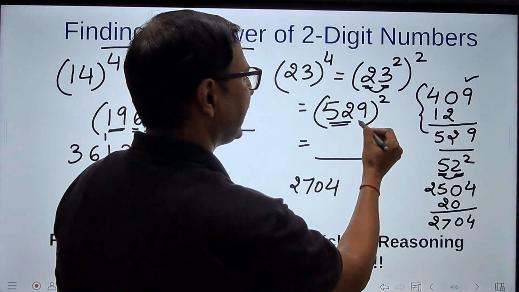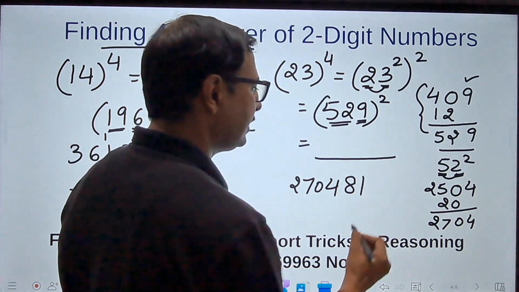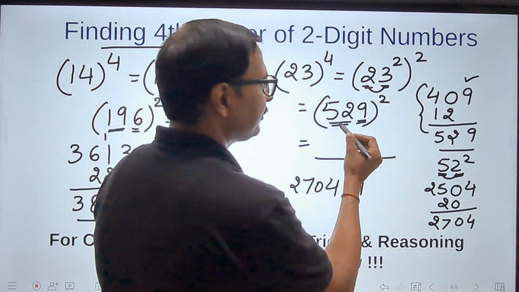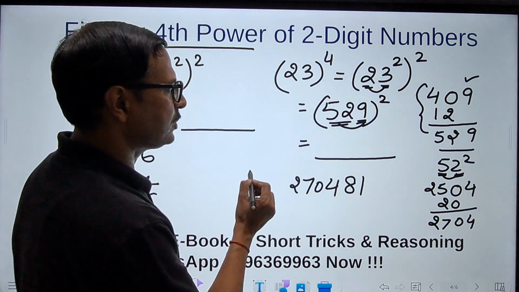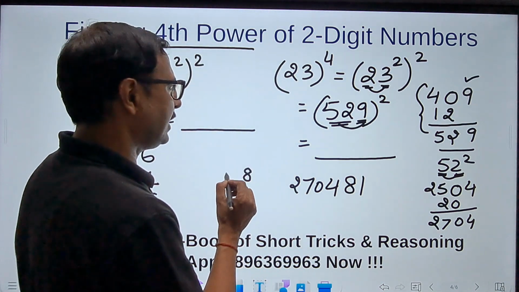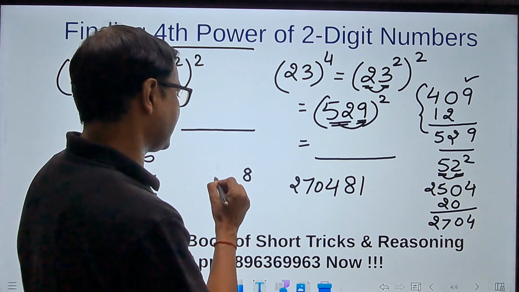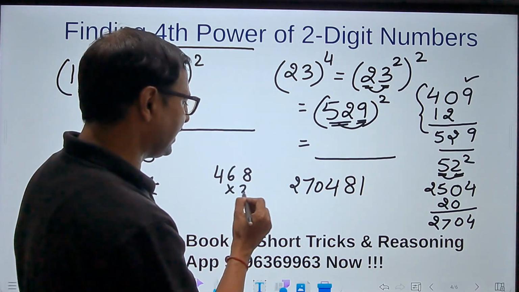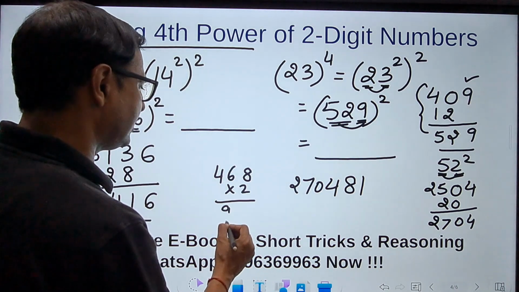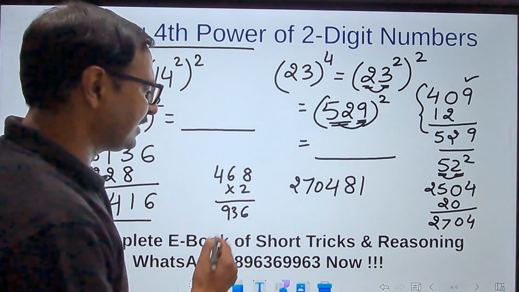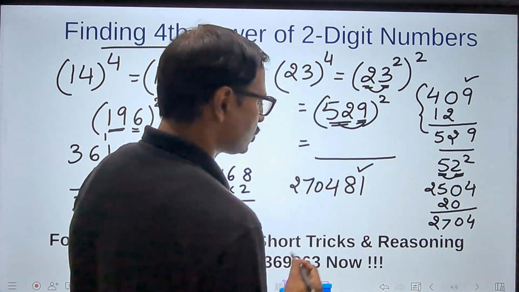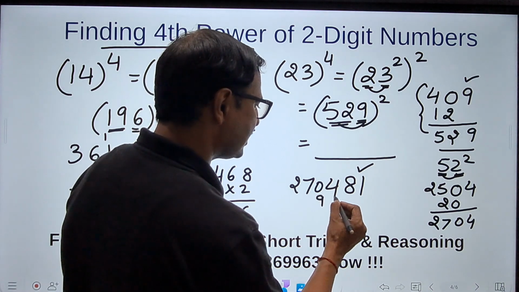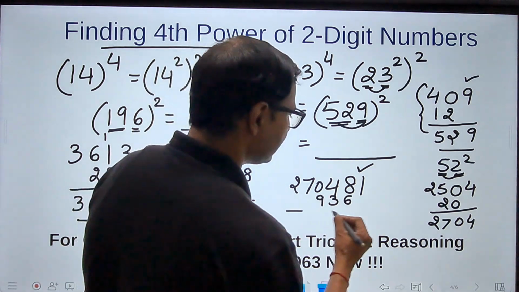And then 9 square is 81. And finally 52 times 9. How much is that? 9 2s are 18. 8, 1 carry. 9 5s are 45. 46, right? 468. And double of that is 936, and this 936 is to be written after leaving one digit from the right hand side.